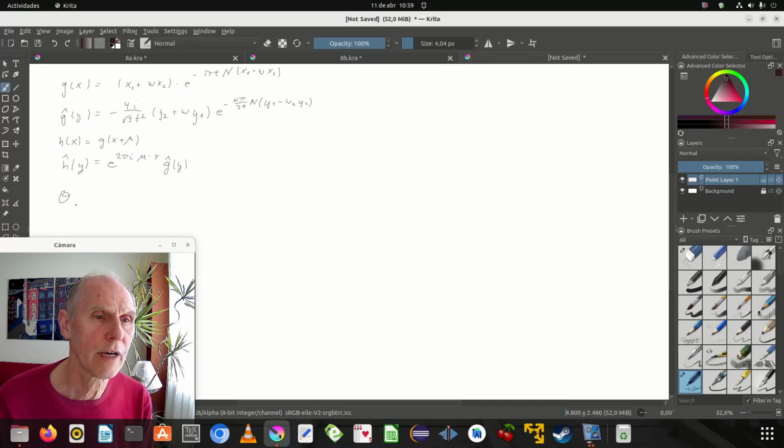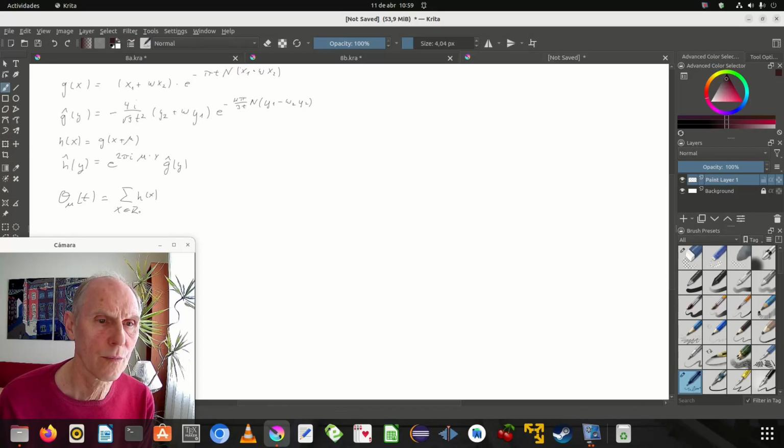Therefore we can define theta mu of t as, and then by Poisson's addition formula, it's equal to this. Let's write y instead.